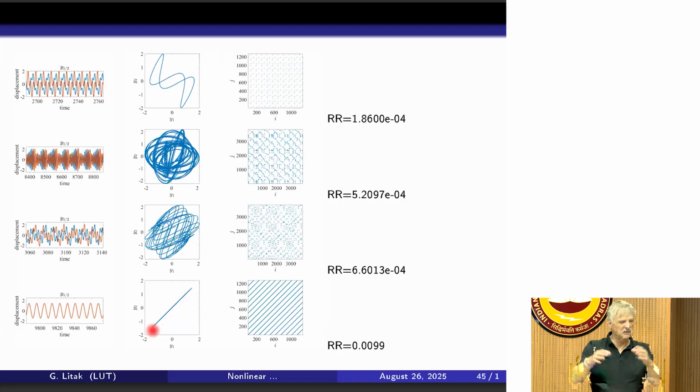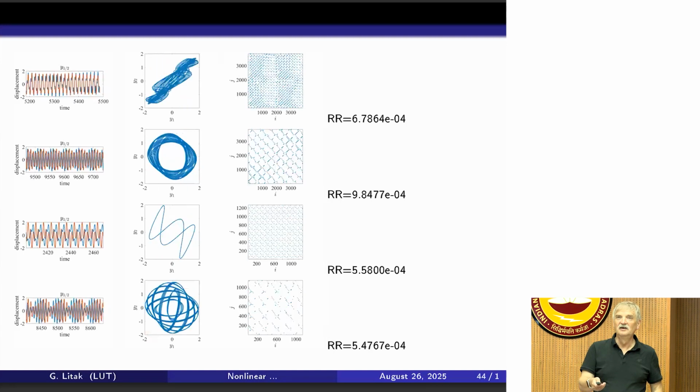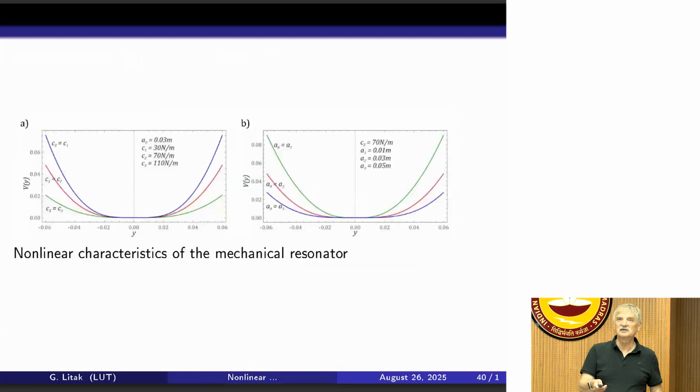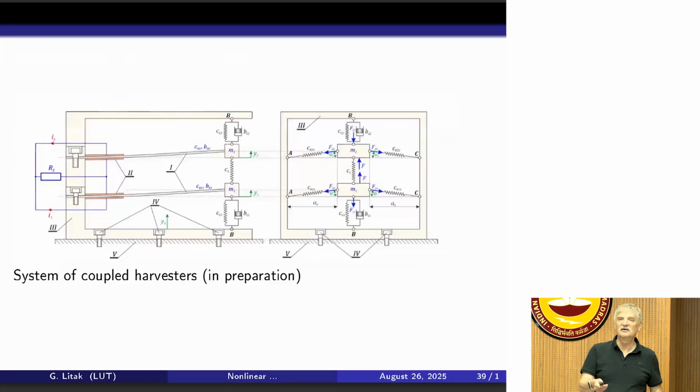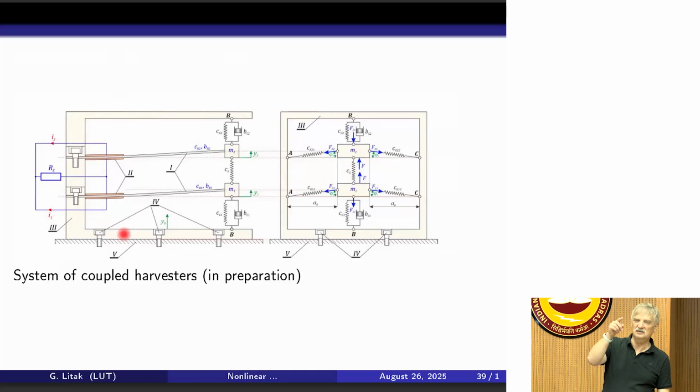Such a complex phenomenon. The frame is excited, so each of the oscillators is excited by some inertia.